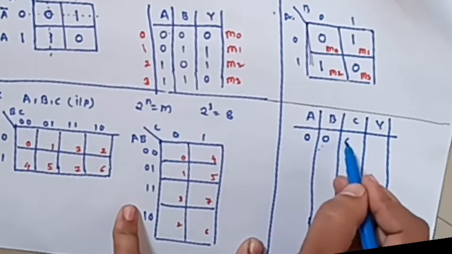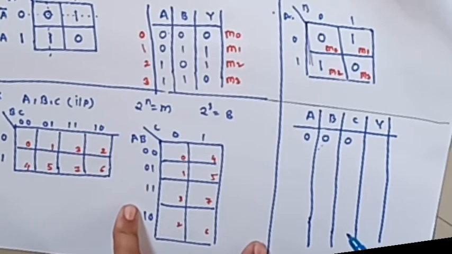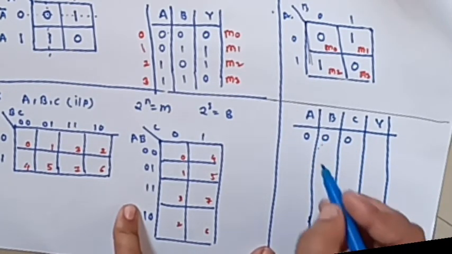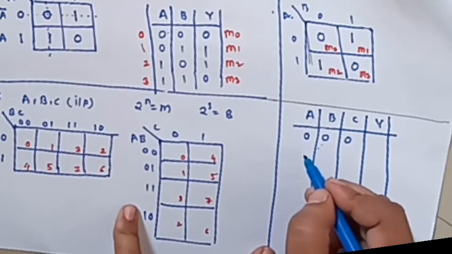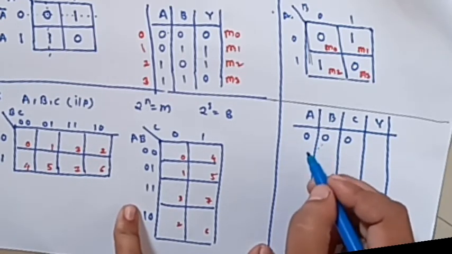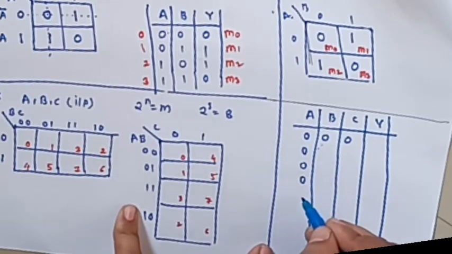So 0, 0, 0. In the previous live session I told you how to write these values. In the first column you need to write 0 four times, as there are total 8 inputs, then 1, 1, 1, 1.